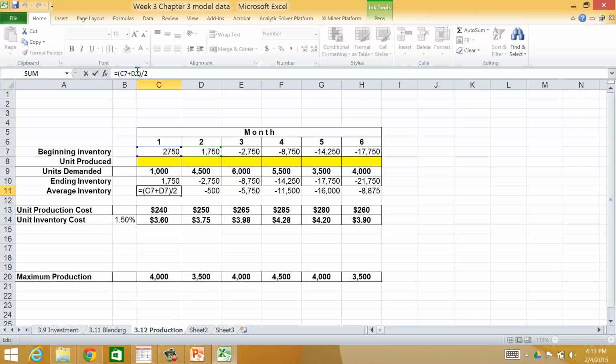Oh, I think because this is the beginning. Yeah, so it's not E7. Yeah, this should be here. Sorry. Yeah, it's these two. Yeah. Thank you. It's the beginning inventory and the ending inventory. Okay, so let's copy this one instead. So yeah, it's the beginning inventory and the ending inventory. That helps calculate the average inventory.